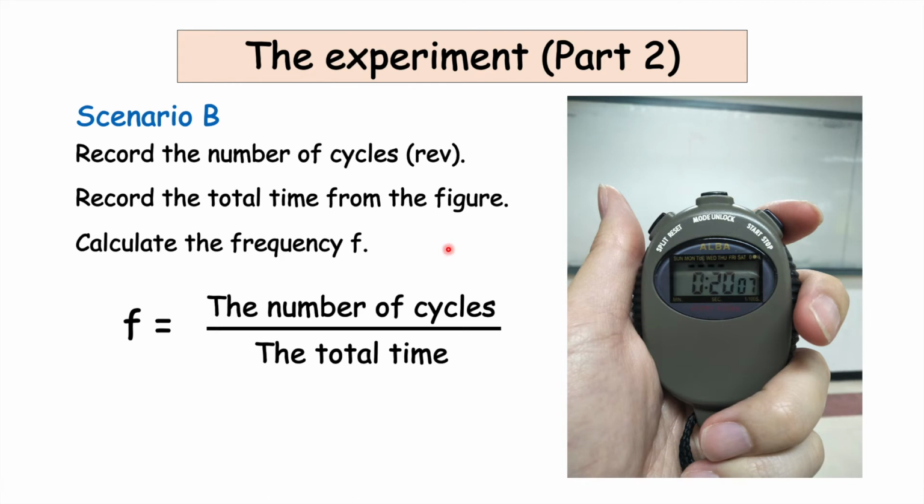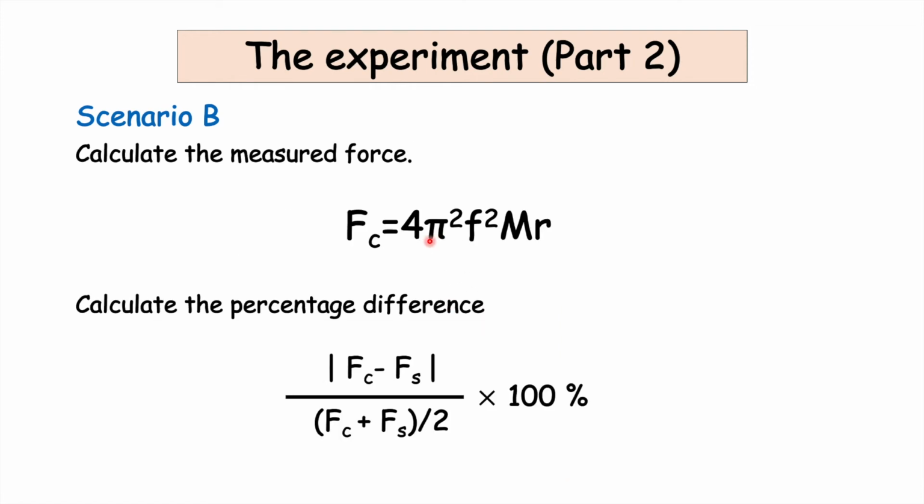When you finish, again, you will record the number of cycles, record the total time from this figure, and calculate the frequency from this formula, and calculate the measured force by using this formula, and also calculate the percentage difference by using this formula.